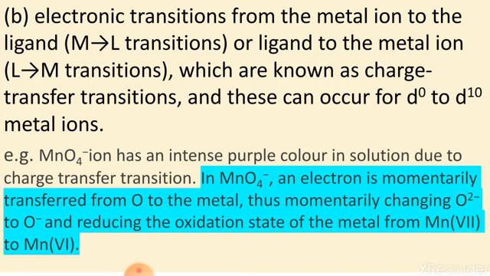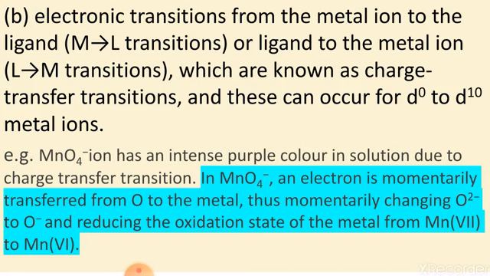In that condition, they show color which is not according to d-d transition. Look at the example: MnO4 minus ion has an intense purple color in solution due to charge transfer spectra.